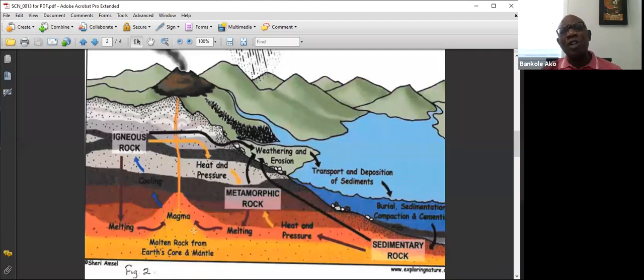Now, how do we search for these minerals? This is where we come to what we define as mineral exploration. Mineral exploration involves a wide range of activities aimed at searching for minerals or determining the extent of a mineral discovery or deposit.